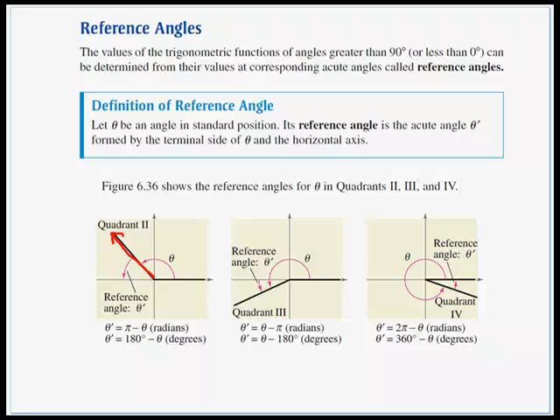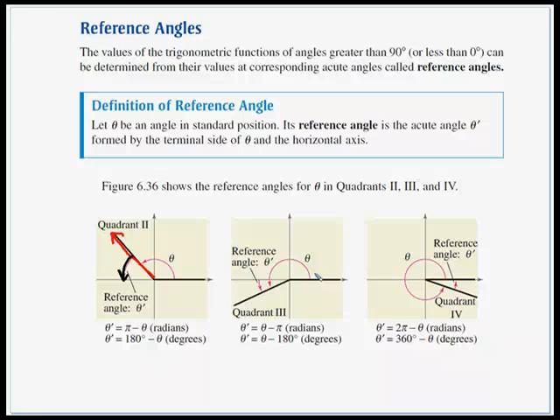The quickest way back to the x-axis, sort of think about it like rounding a decimal. We want to get back to the x-axis as quick as possible. The quickest way to do that is to just measure this angle here, and that's what we have in the description: pi minus the angle, or 180 minus the angle if we're in degree mode. That's just the quickest way to get to the 180 degree angle, or back to the x-axis.